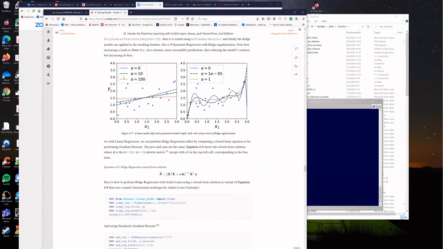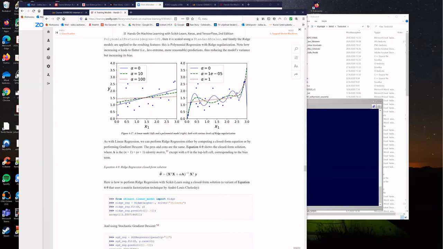So when alpha is 0, this blue line is exactly the same as the previous linear line equation. And when you add a medium size alpha value, then you get this green line. And the larger the alpha, the closer this fit goes to a constant value.